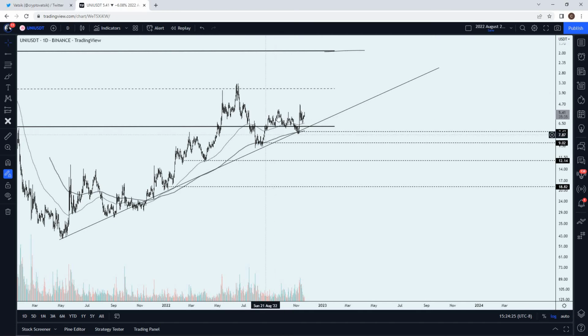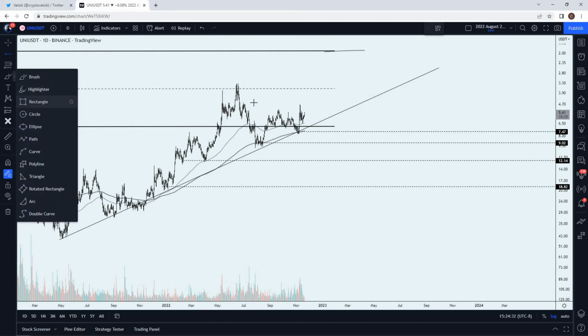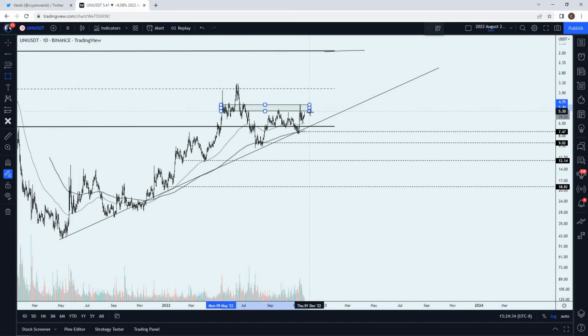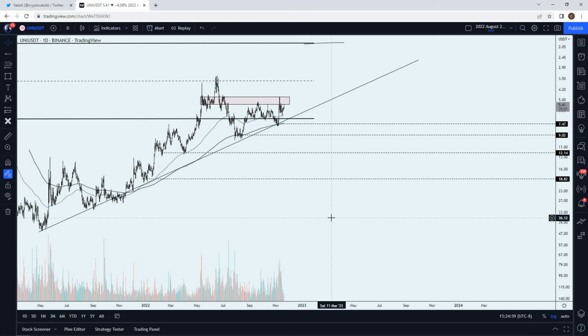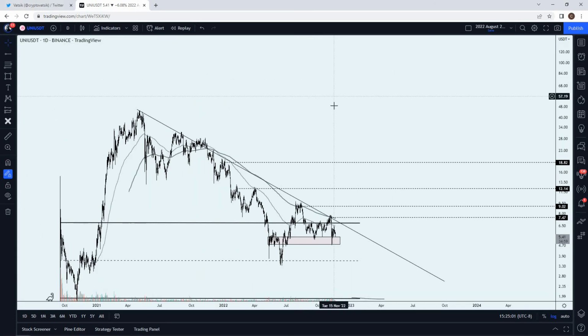So I'm expecting to see some sort of breakout through this resistance within this zone here. Basically this area. So what I'd be watching is a breakout and follow through. I know it gets a little tricky when it's upside down, but that's what we're dealing with.